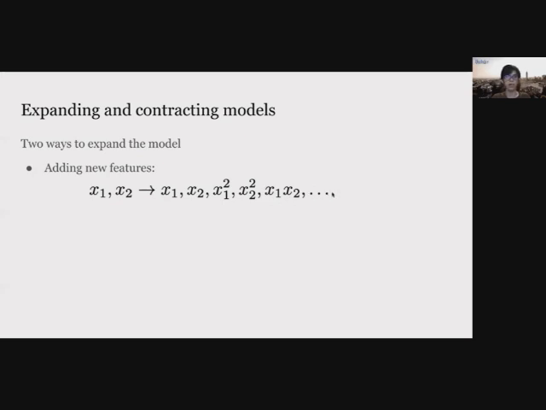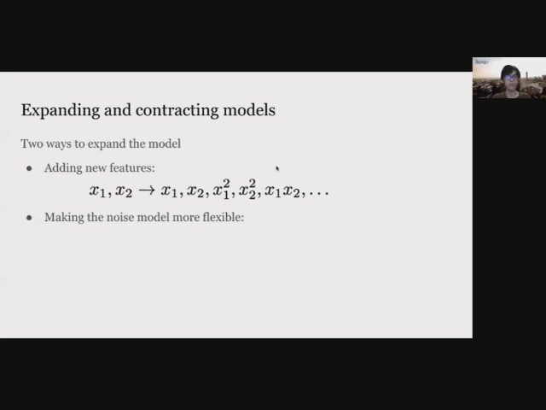We can keep adding new features which are algebraic combinations or even other functions of the original features that we have. By doing so, we convert a linear model into a quadratic model or some even more complex model.